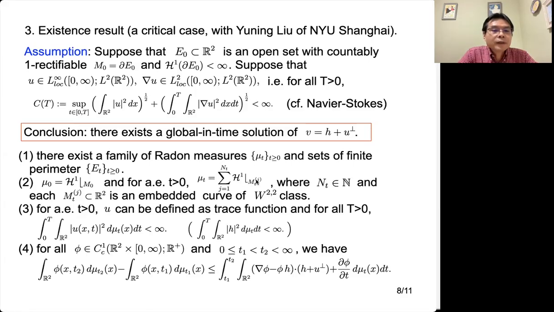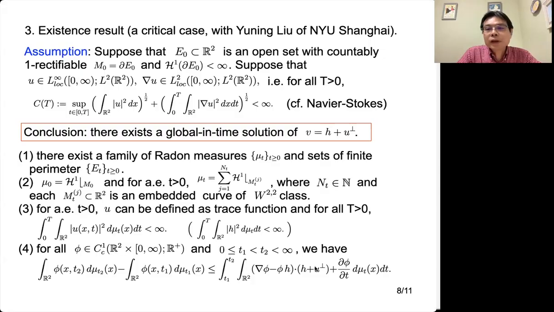So it's a nice curve with second derivative in L2. It's a bunch of embedded curves moving in time with mean curvature in L2, and then this u, which is a trace on this moving curve, belongs to L2. And number 4 is exactly the same as before.